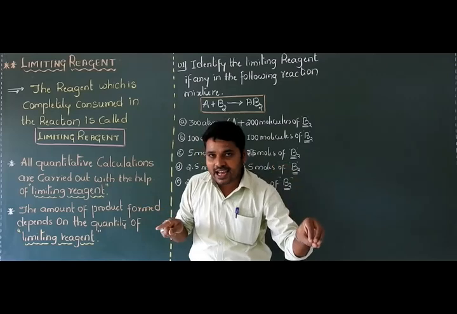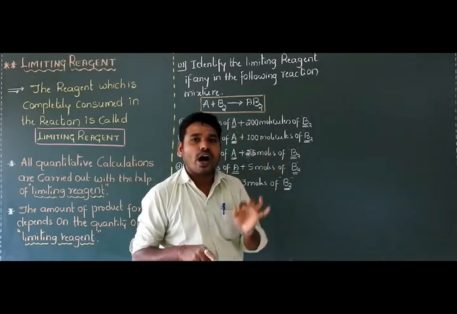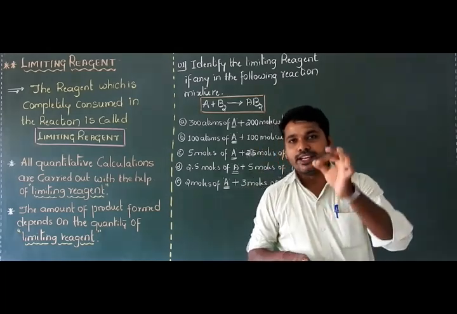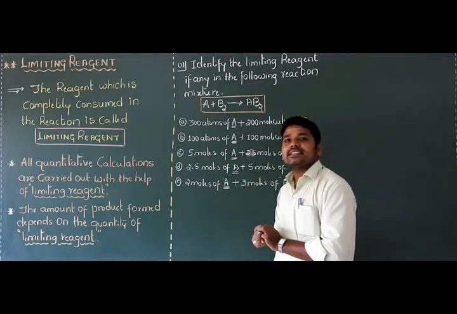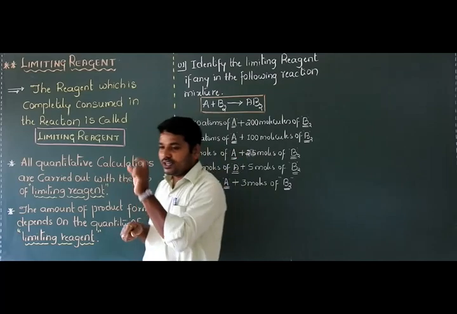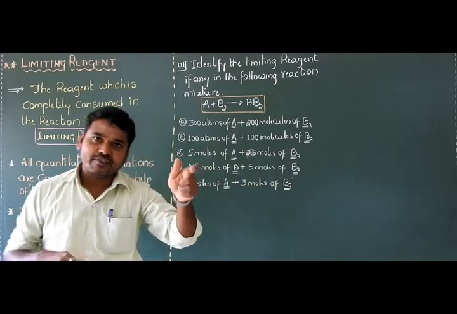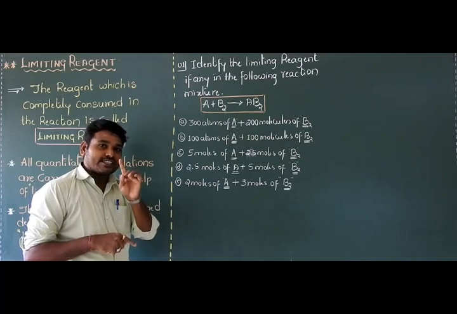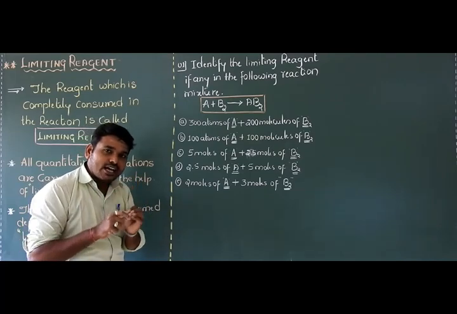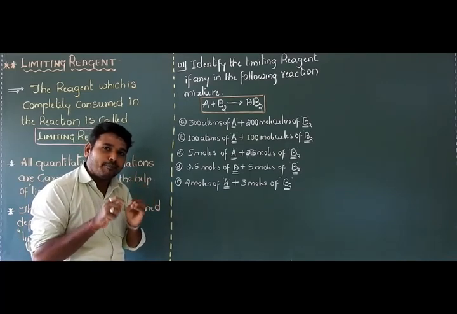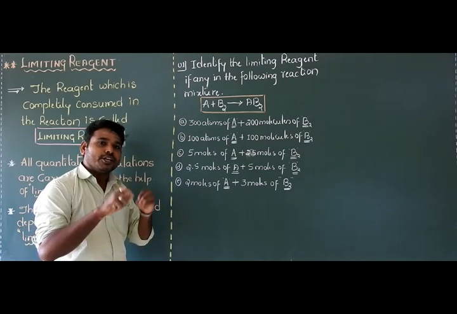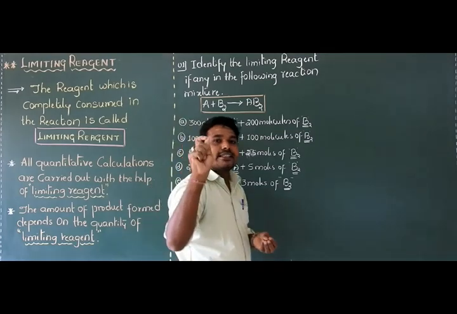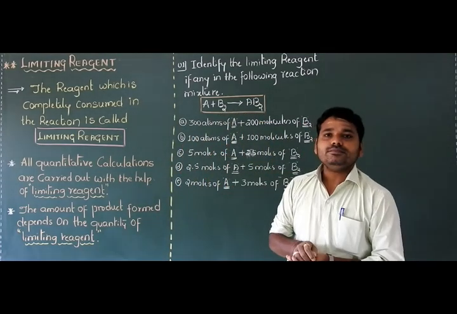Whereas the substance which is not completely consumed, we call an excess reagent, students. One is the excess reagent and the second is the limiting reagent. I repeat the definition of excess reagent: the substance which is not completely consumed during the chemical reaction is called the excess reagent, students.